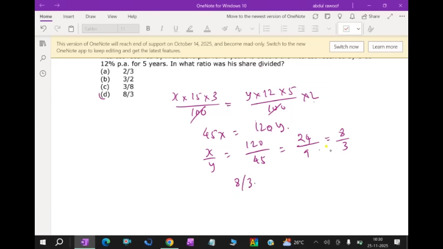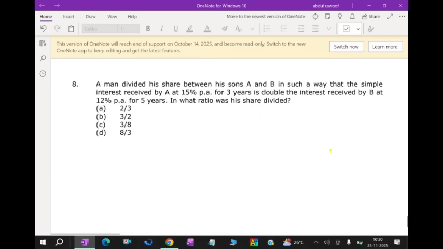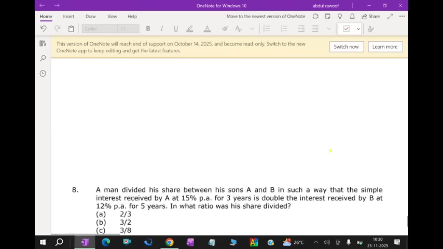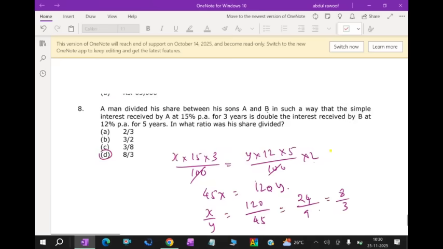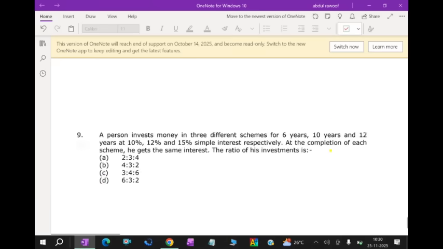So the ratio is 8 to 3. So option D. This question is done. Next, ninth question.